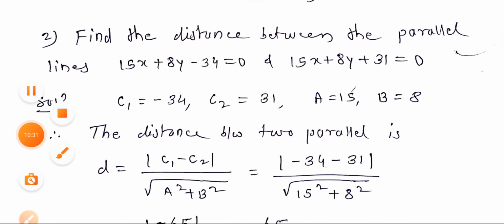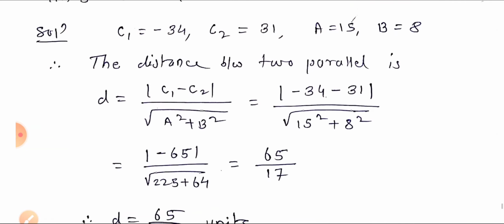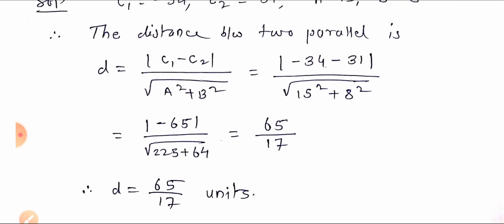That is modulus of (minus 34 minus 31) upon root of (15 square plus 8 square), which is modulus of minus 65 by root of (225 plus 64). That is root 289, which is 17. The numerator we take as modulus, a positive value, 65. Therefore d is equal to 65 by 17 units.